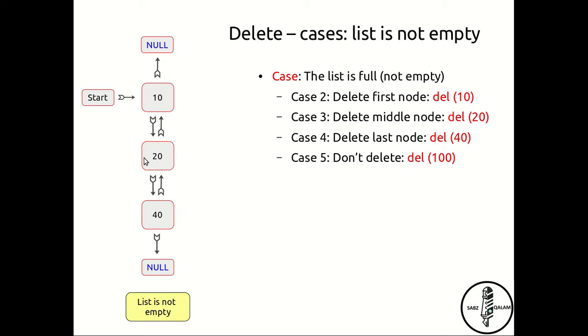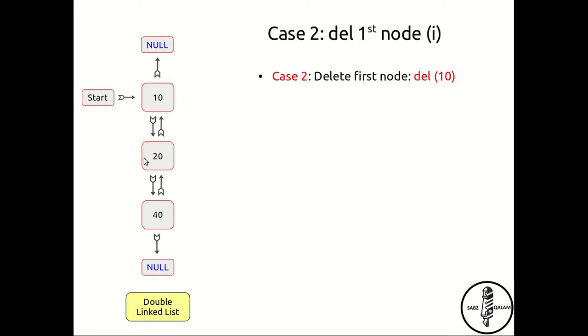Okay. So the delete function is a pretty complicated function, but our job is to make the complicated easy, okay? And hence this lecture on YouTube. Okay, so the first case is you're trying to delete the first node, in which let's say you have del10. Now before I proceed, notice I am using the word del to name the function delete.